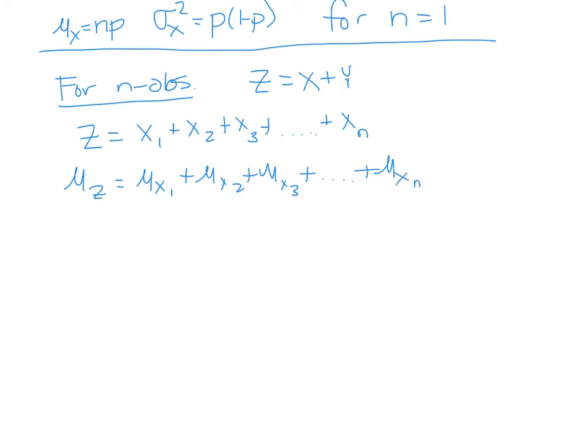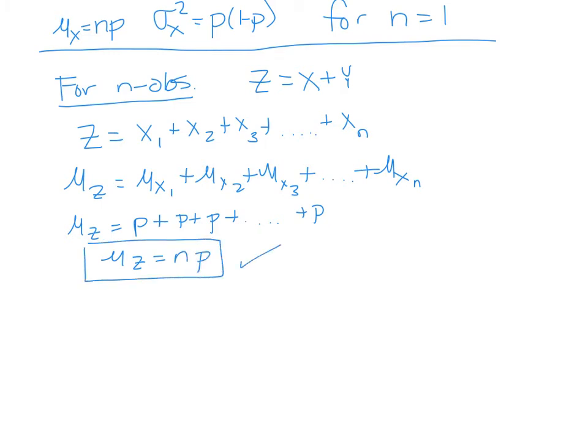And for each of these are the expected values for any given outcome, x sub 1, x sub 2, x sub 3. Well, for any given outcome, the probability of success is just p. So mu sub z would equal p plus p plus p plus p, which, if we did this out for n p's, mu sub z is going to equal np.